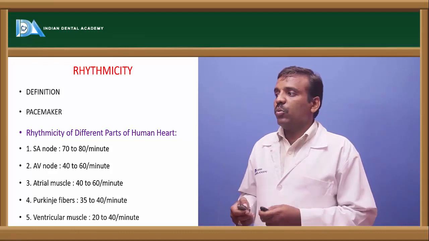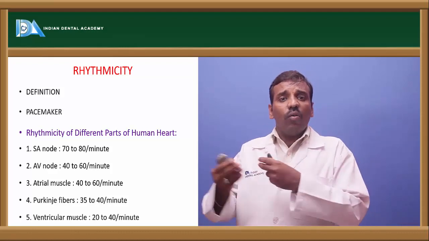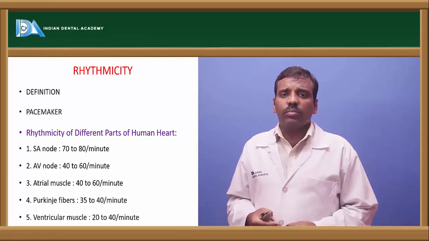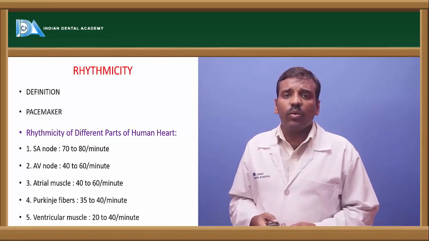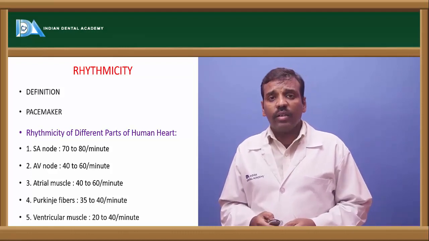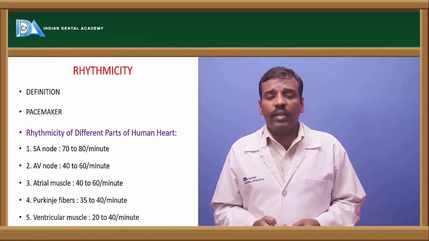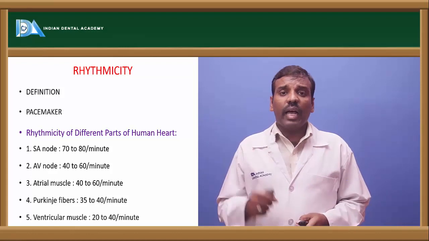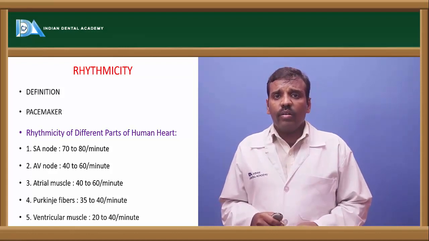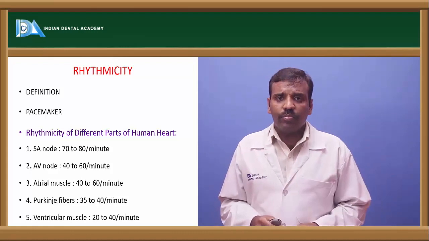And next, after the sinoatrial node, all this is the conductive system. The next one is the AV node, the atrioventricular node, a node which is present in between the atrium and the ventricle. The sinoatrial node is present on the right side of the heart, that is, on the right atrium.